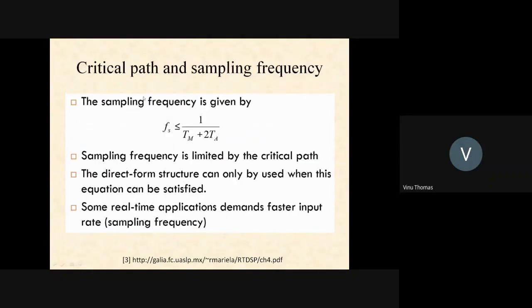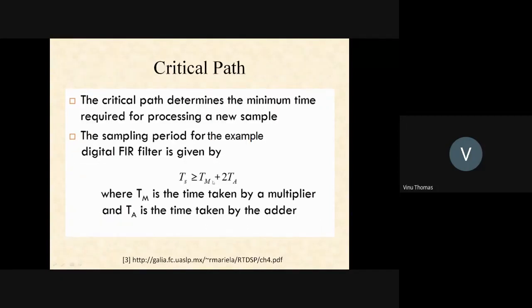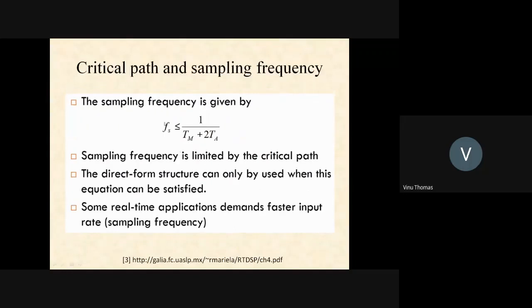So what is therefore the sampling frequency? If the sampling interval should be Ts greater than or equal to Tm plus 2Ta, it means that the sampling frequency Fs should be less than or equal to 1 by Tm plus 2Ta. So the critical path decides the sampling frequency. Sampling frequency cannot be greater than 1 by Tm plus 2Ta for our example.